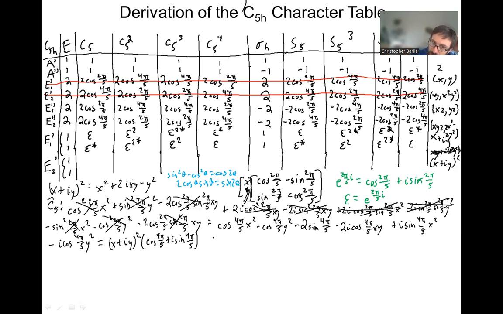But you can walk through why this relationship is true. It's basically this term times this. So if you factor that out, you'll have x squared times cosine 4 pi over 5. That's this term. You'll have x squared times i sine 4 pi over 5. That's this term. Then you'll have 2ixy times cosine 4 pi over 5.